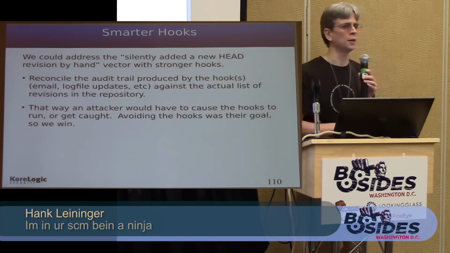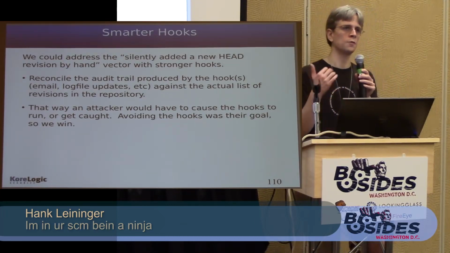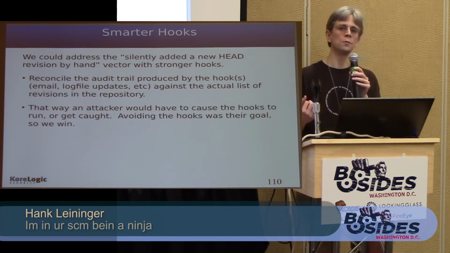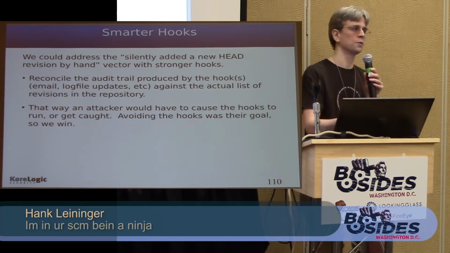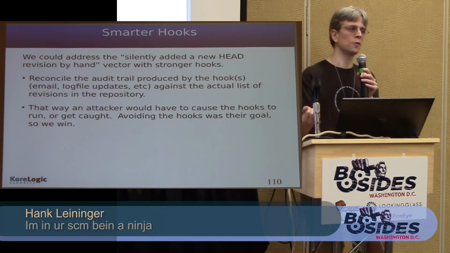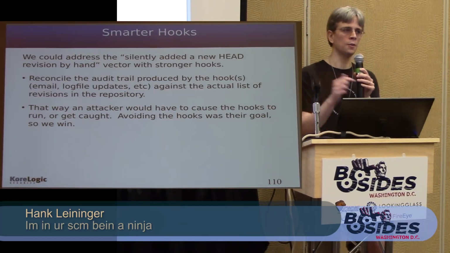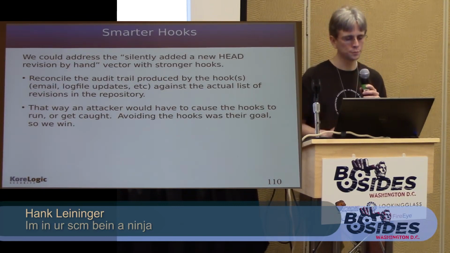Problem is, this is harder than it sounds, because the hook runs as the person who commits the code, and if the attacker has the ability to write stuff into the repo as a valid developer, then they have the ability to run hooks as a valid developer, which means they have the ability to run parts of hooks. So they could run the part of the hook that your accounting tracks, but not the part of the hook that actually would have caught them.